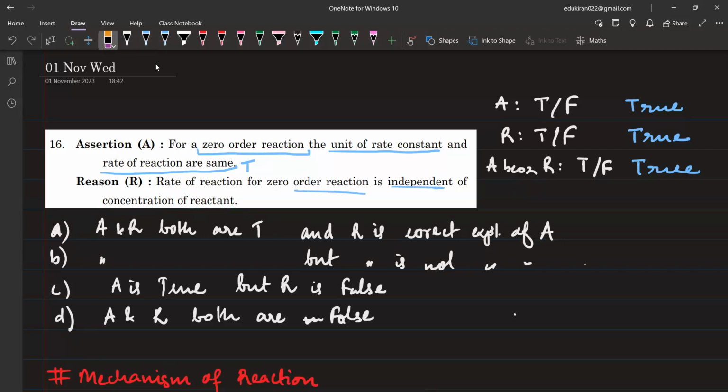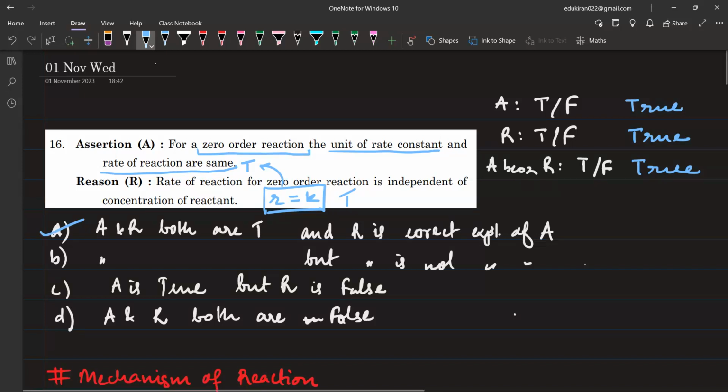So if I make an equation from here, rate of reaction of zero order, it is independent of concentration of A, that is equal to K. And this is the reason why rate constant and rate of reaction have the same units, right, Krishna Priya? Yes, sir. So not only both the statements are true, reason is the correct explanation of assertion also.